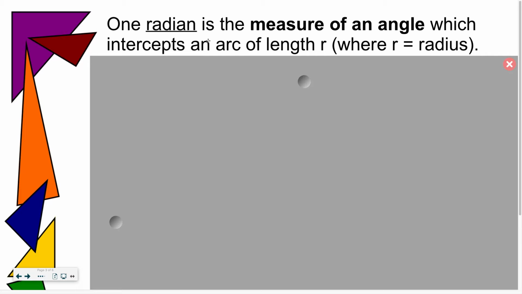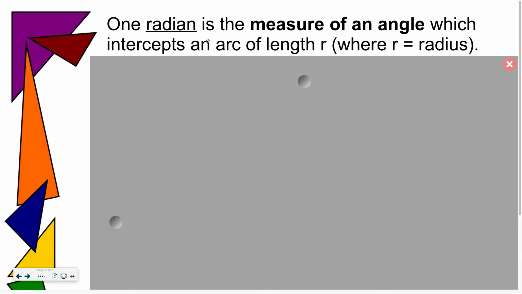Okay, so this definition is basically what we just saw in the little activity. 1 radian is the measure of an angle. And that's really important for you to remember. The radian is just a unit of measurement. It's like inches, feet, centimeters.